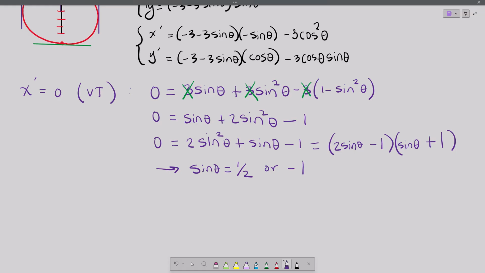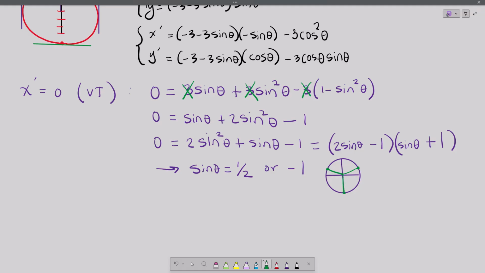Zero product rule. When we look at the unit circle, which makes things a lot easier if you know your unit circle well. So sine equals 1/2 means the y-coordinate is 1/2. So we're looking from 0 to 2 pi. So that's where sine is 1/2. Sine is equal to negative 1 down here.